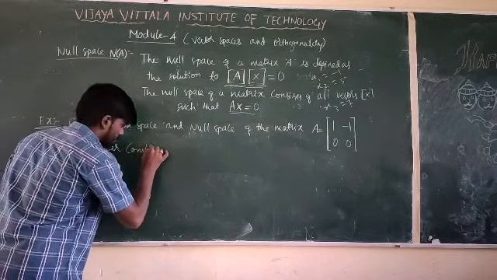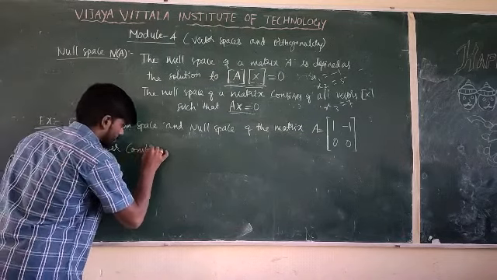Column vectors are: first vector is 1, 0 and second vector is minus 1, 0. Here the linear combination is x1 into the first column vector 1, 0 plus x2 into the second column vector minus 1, 0.